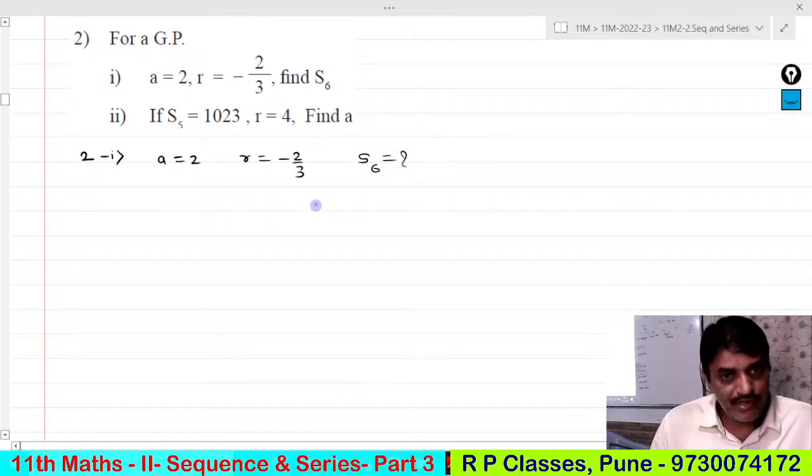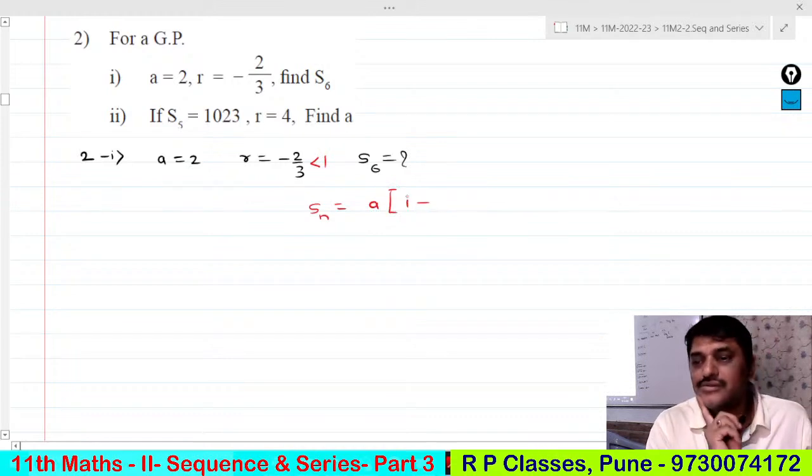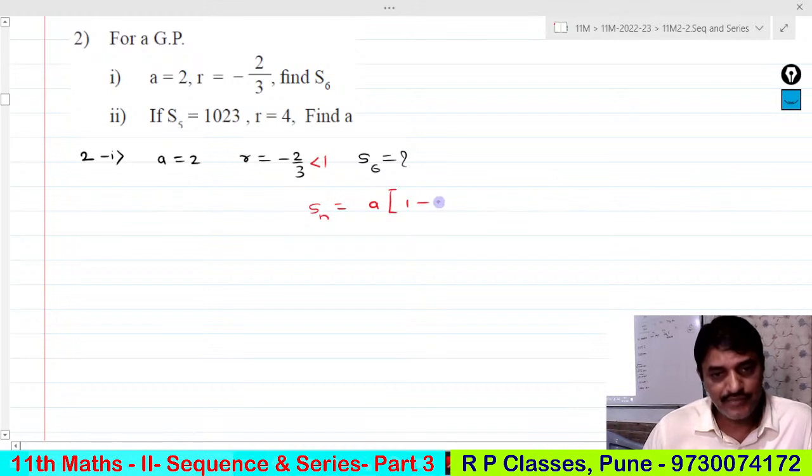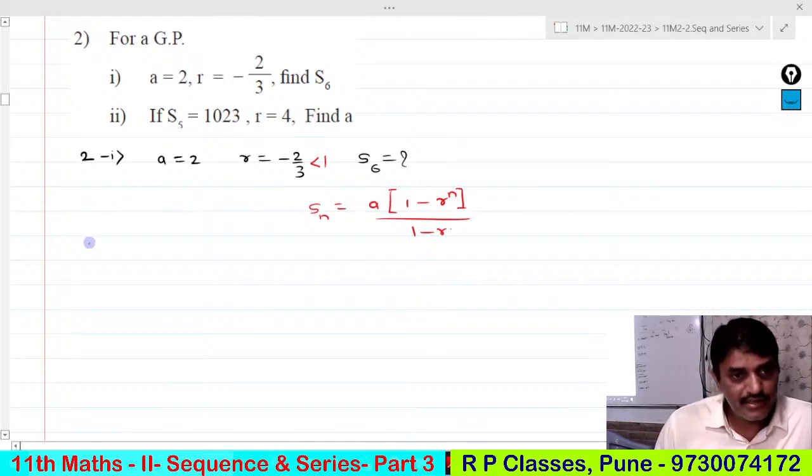Now I'll use the formula Sn is equal to. Now R is negative, so is this less than 1? Yes, less than 1, so I'll use the formula A into 1 minus R raised to N upon 1 minus R. So what will this become? Substitute.